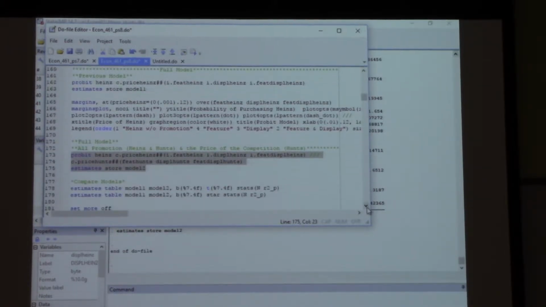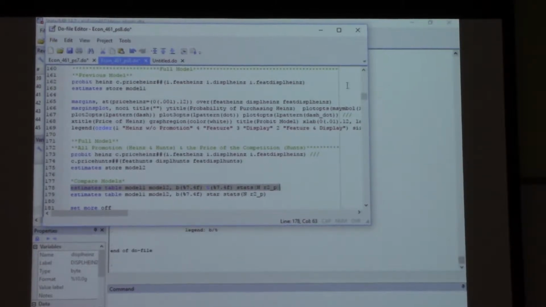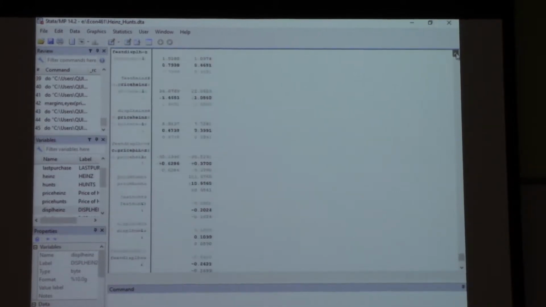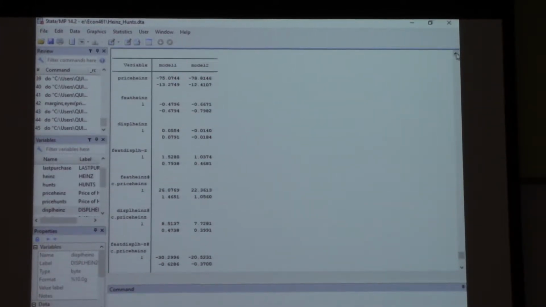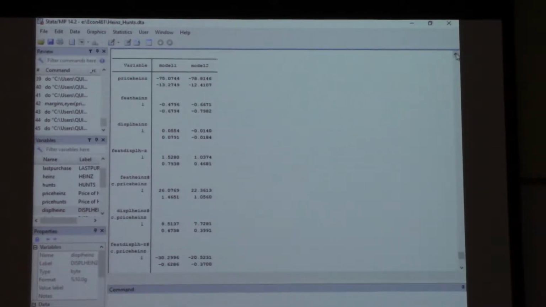All right, I'm going to do this less than this table thing. Compare the first half. These are the price coefficients. So, price of Heinz, and again, the dependent variable is the probability of purchasing Heinz. Pretty similar, 75 versus 78.